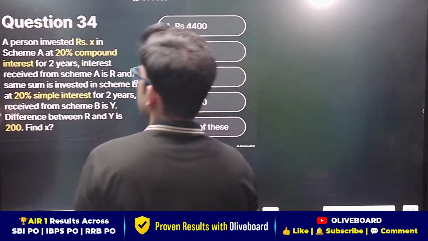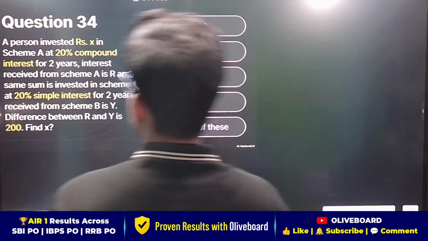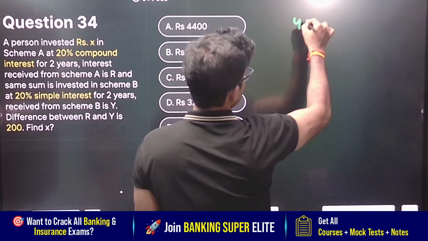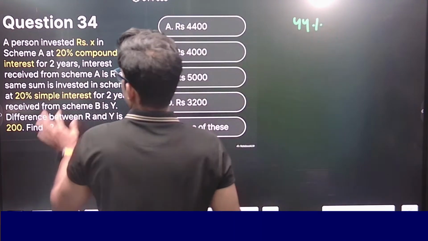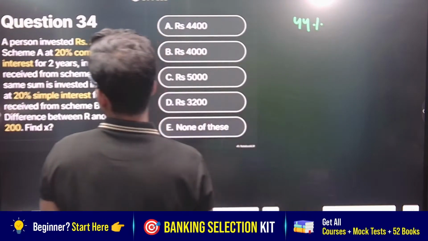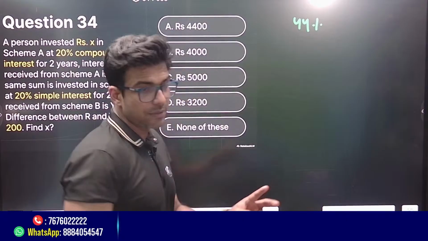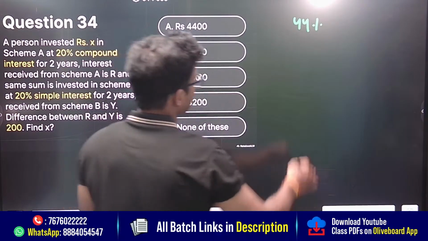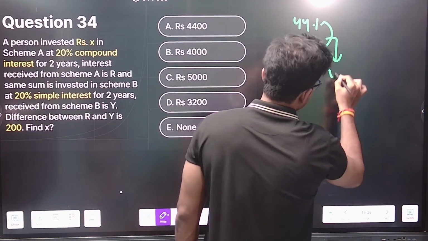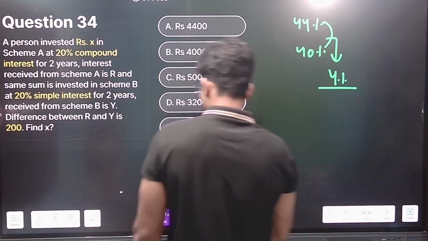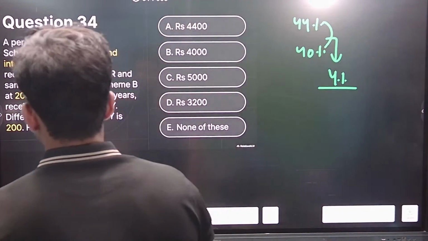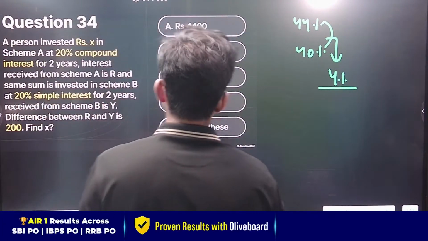Okay, fine. A person invested X in scheme A, 20% interest for 2 years, 44%. Am I right? And the same sum in scheme B, 20% for 2 years, simple interest is 44%. The gap is 4%. If the gap is 4%, what are they saying? The difference between R and Y is 200.